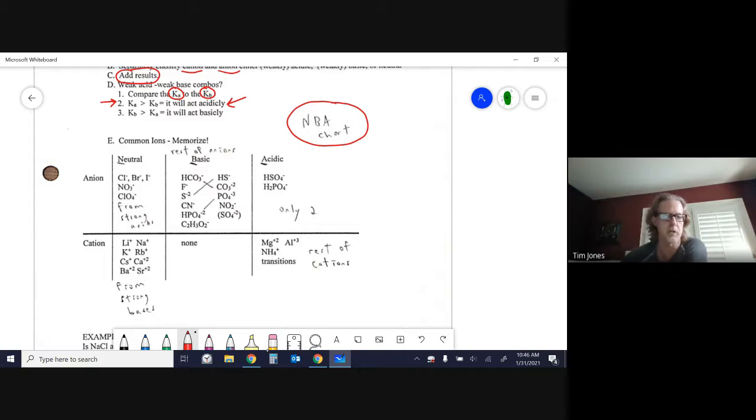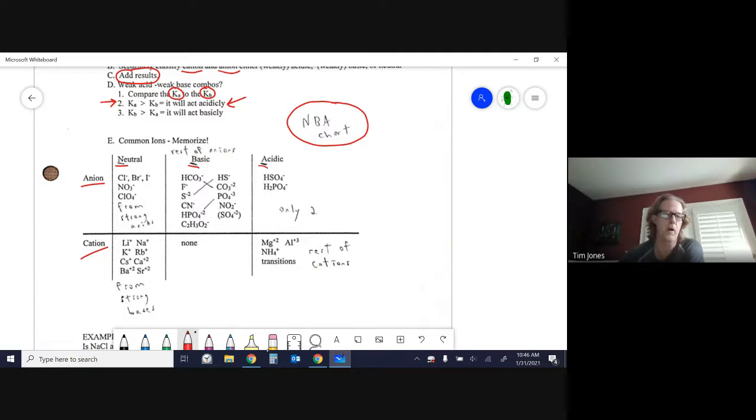Yeah, I call it the NBA chart because the way it's organized is we have neutral column, basic column, acidic column. And so it helps to have an order to it. I also like how anions are the top row, cations are the bottom row. So that's kind of the first thing you want to do is remember NBA across the top, and then anion and cation on the left. So these are our categories.